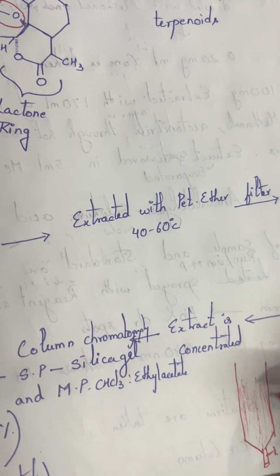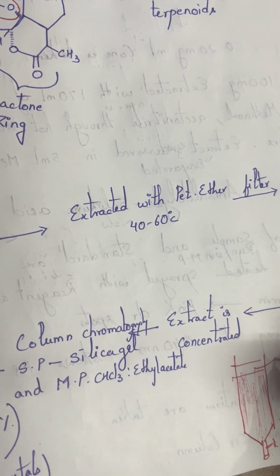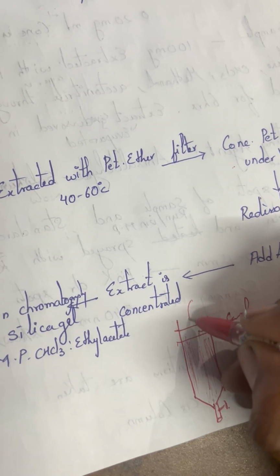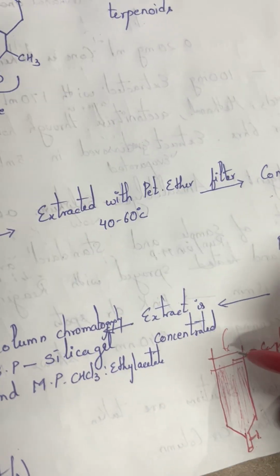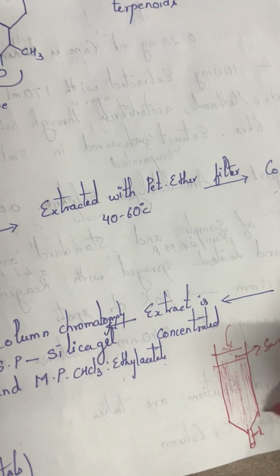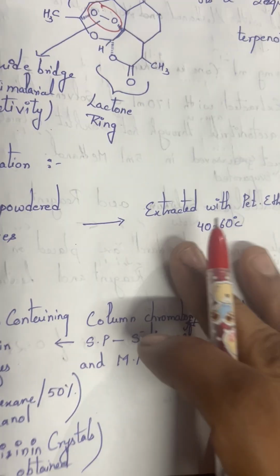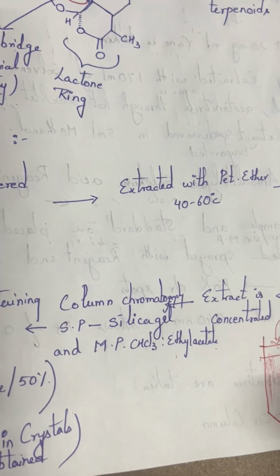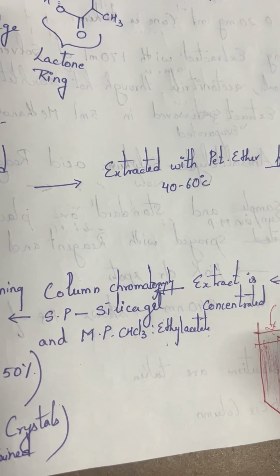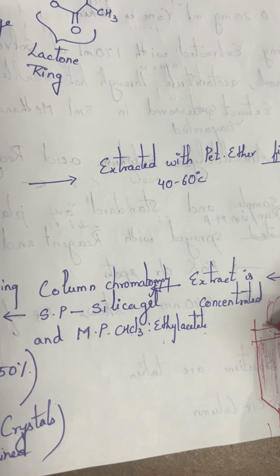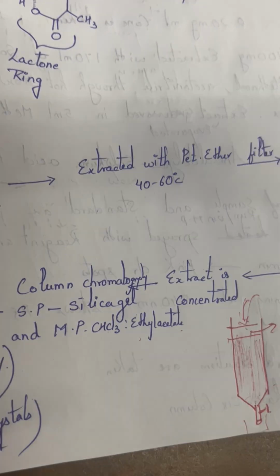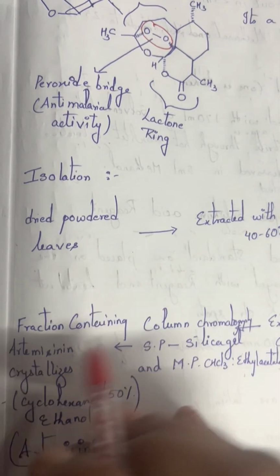This is the sample, and now you add the mobile phase. Here the mobile phase is chloroform to ethyl acetate. This has been added to the whole column. Then you run it. Run means you open the tap so that the solvent is collected, and you keep on adding fresh solvent above. So when you run it, what happens?